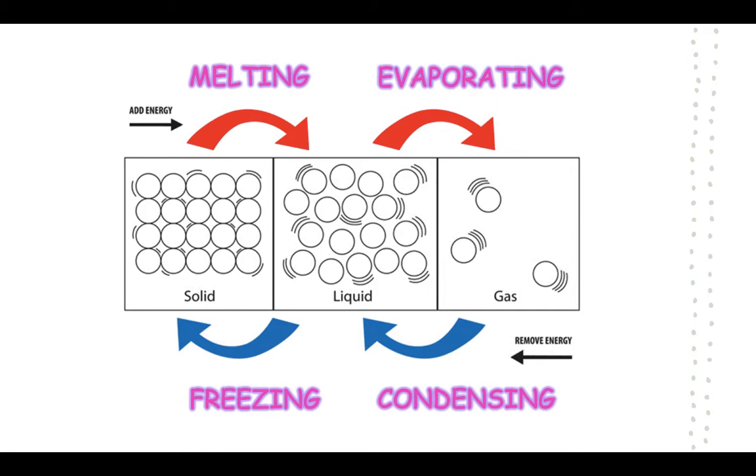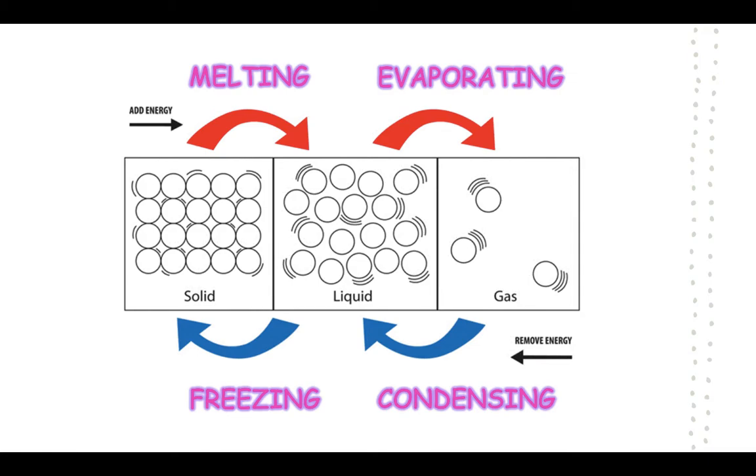Just as a quick reminder, when a solid becomes a liquid, it melts. And when a liquid becomes a gas, it evaporates. To go from solid to liquid to gas, we have to add energy, and we add the energy by heating the substance up.